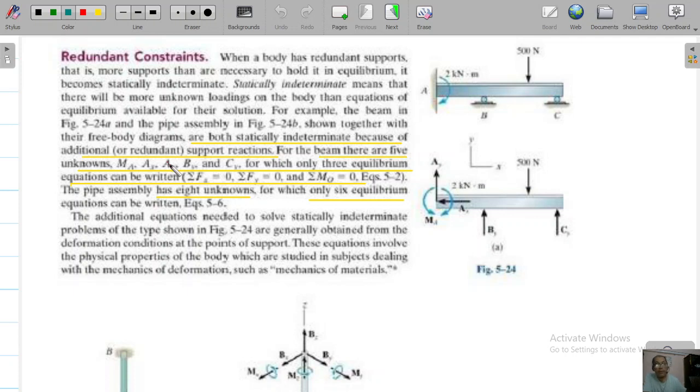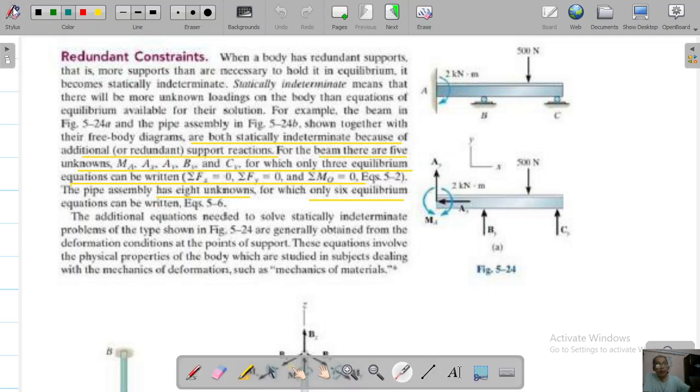You can very easily say that in this scenario, here you have three unknowns, and you have one unknown here and one unknown here. So altogether you have five unknowns.